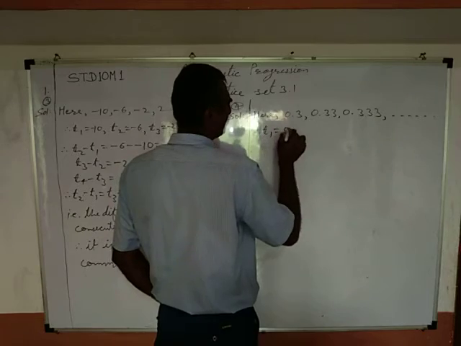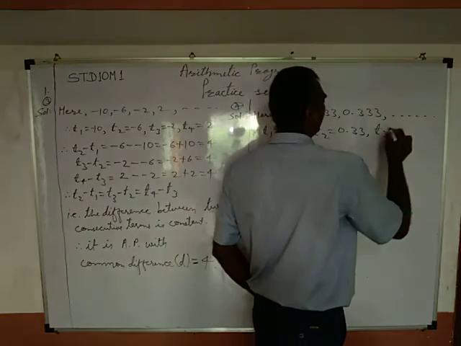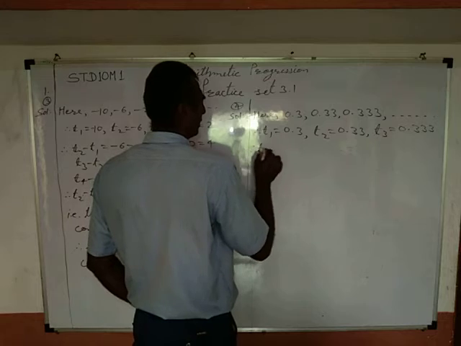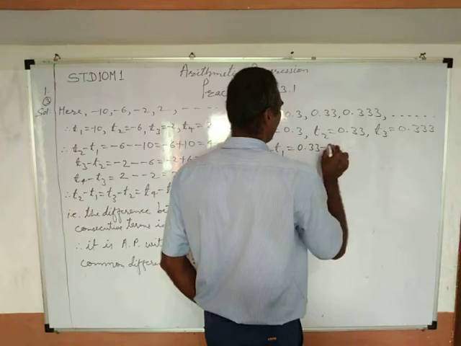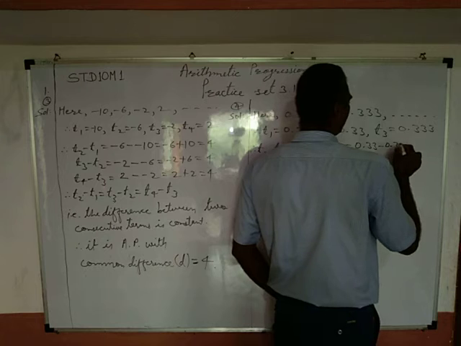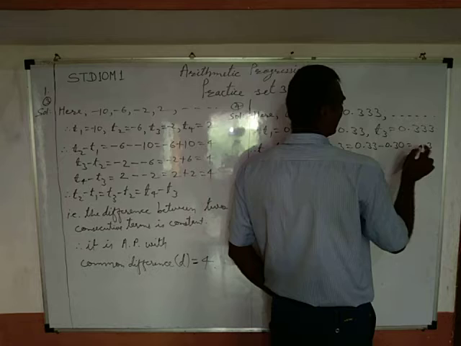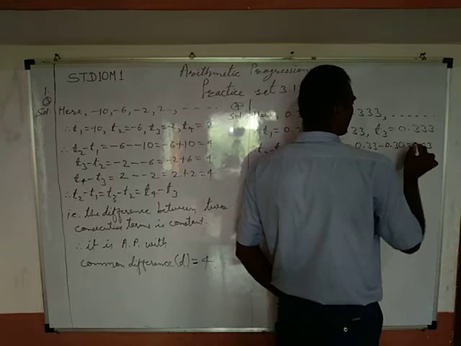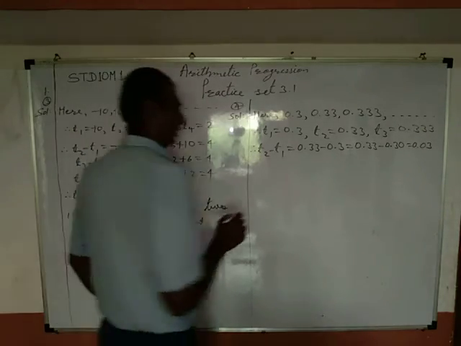Therefore T1 equals 0.3, T2 equals 0.33, T3 equals 0.333, and therefore T2 minus T1 equals 0.33 minus 0.30 equals, now 3 minus 0 gives us 3, 3 minus 3 gives us 0, and a decimal, below decimal 0 minus 0 gives us 0. Means T2 minus T1 is 0.03.